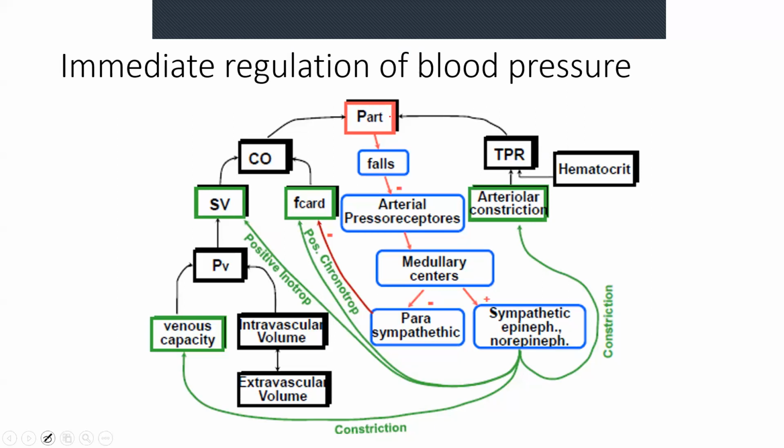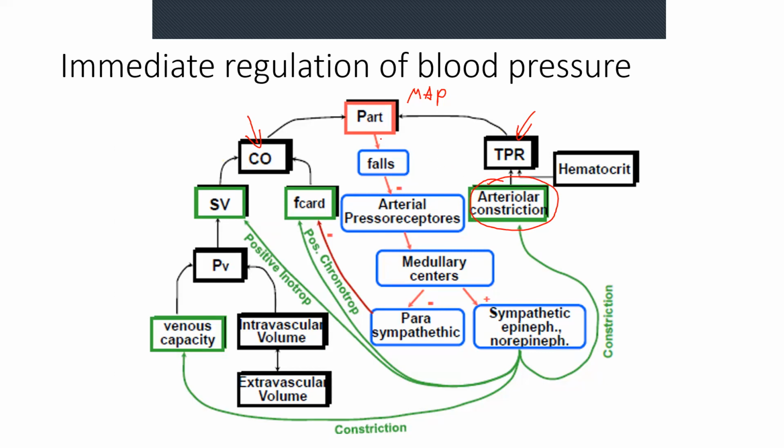Okay, so this is the mean arterial pressure. Now it's controlled by two things: the total peripheral resistance and the cardiac output. The total peripheral resistance is controlled by arteriolar constriction, as well as hematocrit, but that's not really as important here.